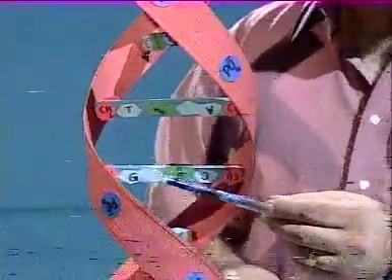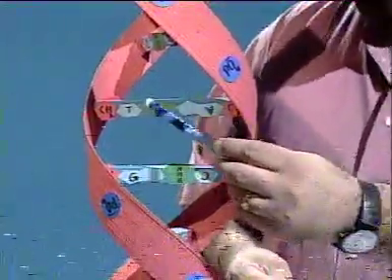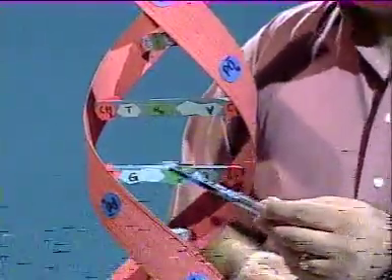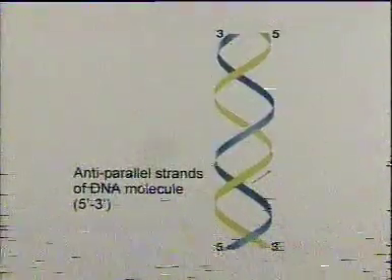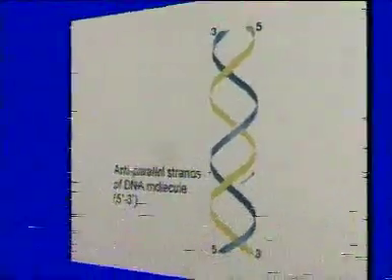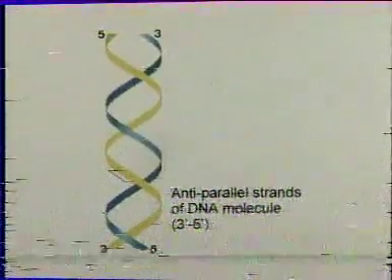Each rung consists of a purine linked with a pyrimidine. That means adenine will be linked with thymine and guanine with cytosine. Now, both the nucleotide chains are attached in opposite directions, as visible in this model. In other words, a 3' end and a 5' end.